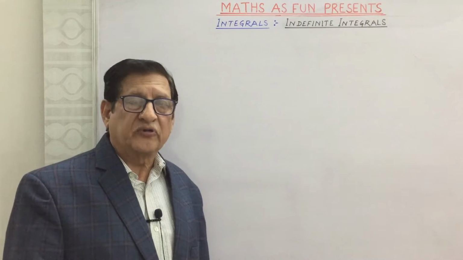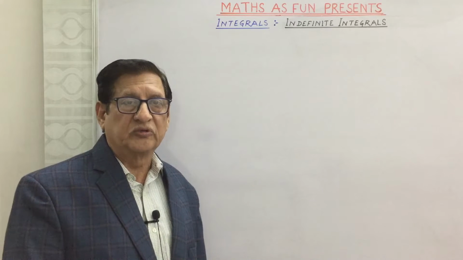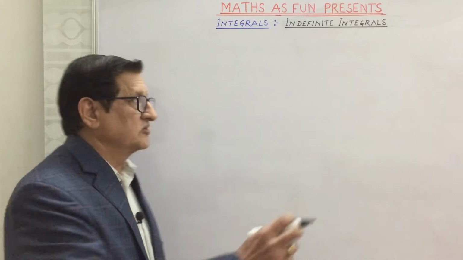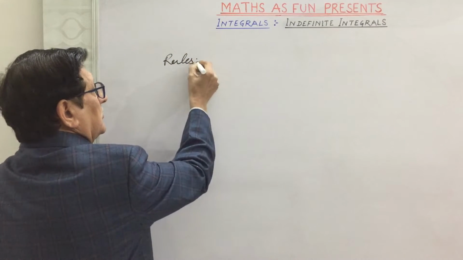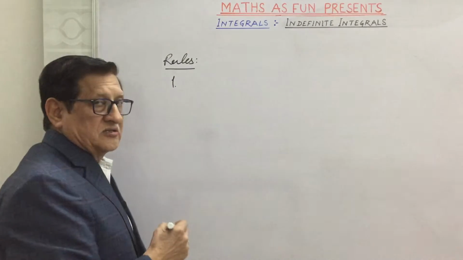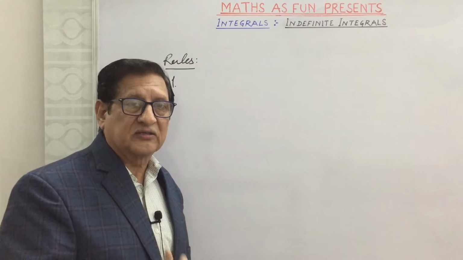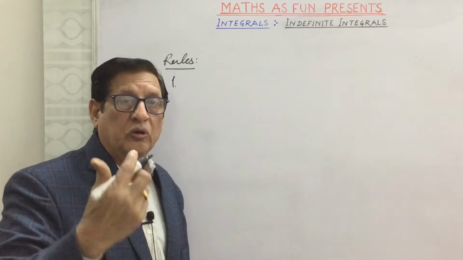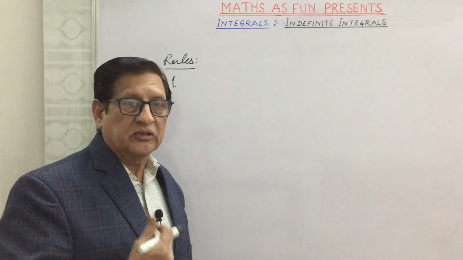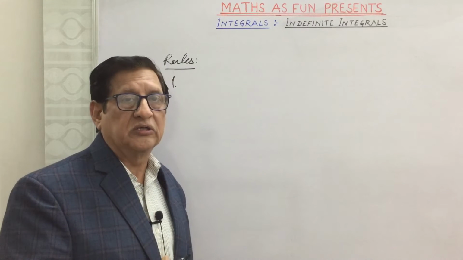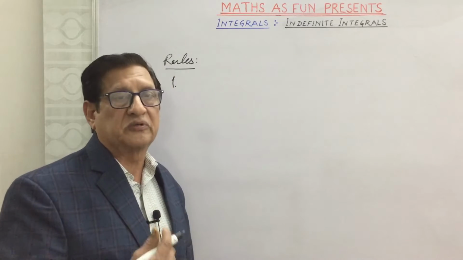To find the indefinite integral of different type of functions, we should learn some of the rules. What are these rules? Let's learn. The first rule says, if the function has been given as the sum or difference of two or more functions which is to be integrated, then we can find out the integral of all the functions separately and add or subtract them.